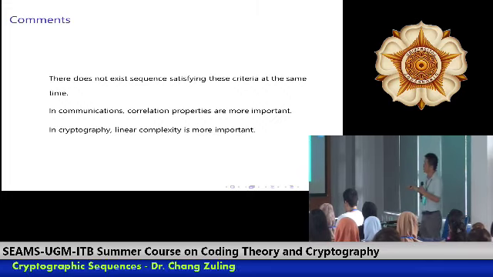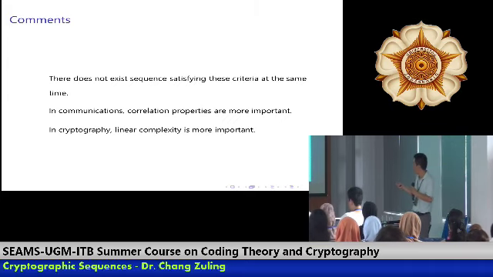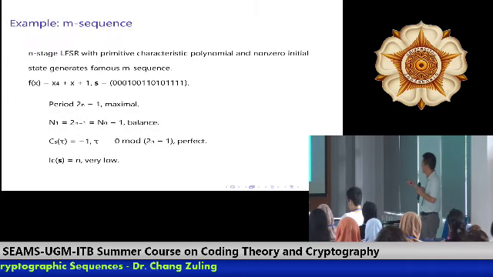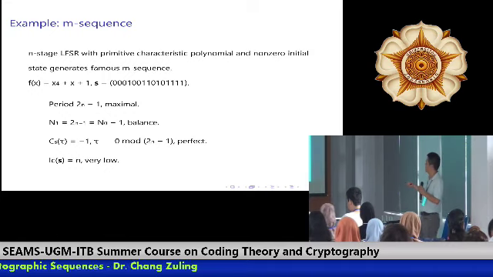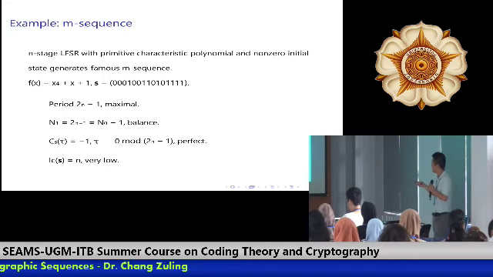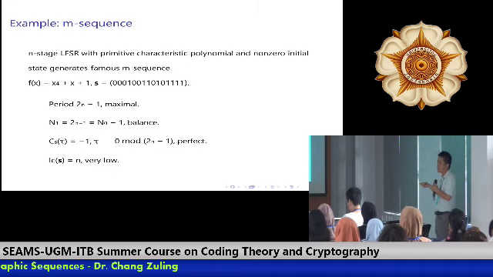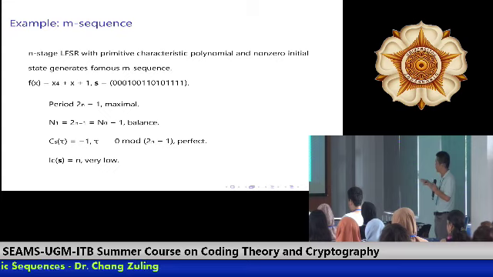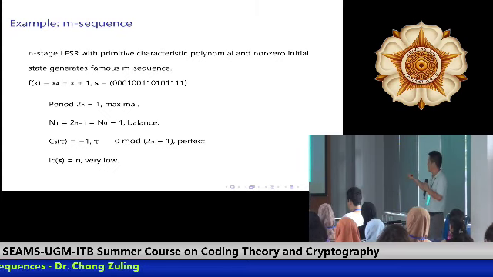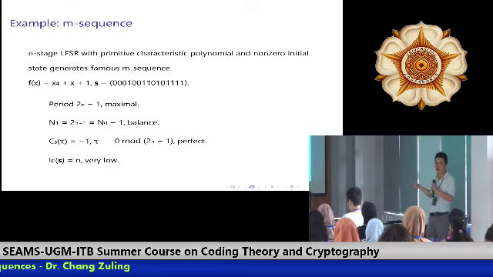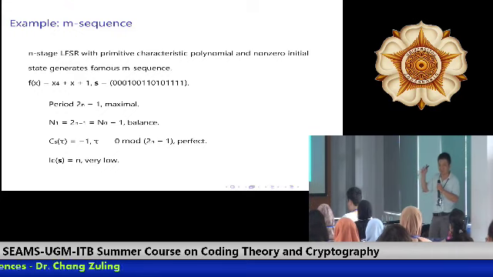Now some examples. One very famous one is the M sequence. An M sequence is generated by an NLFSR. The minimum polynomial will be a primitive polynomial. I don't know whether you know the primitive polynomial, it's a definition in abstract algebra or finite fields.